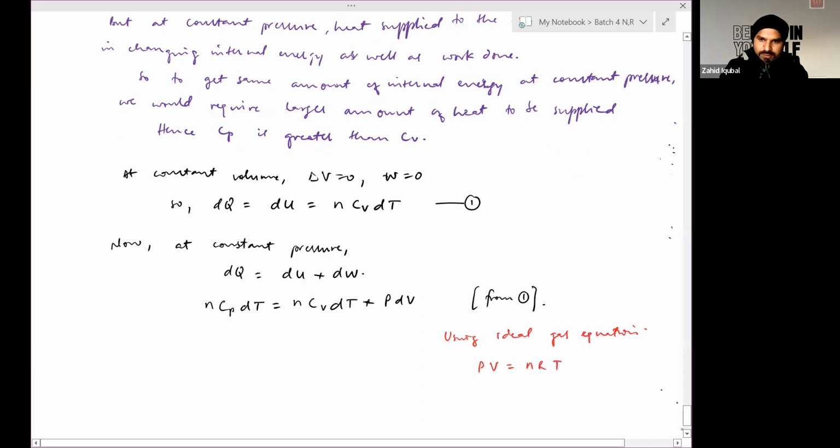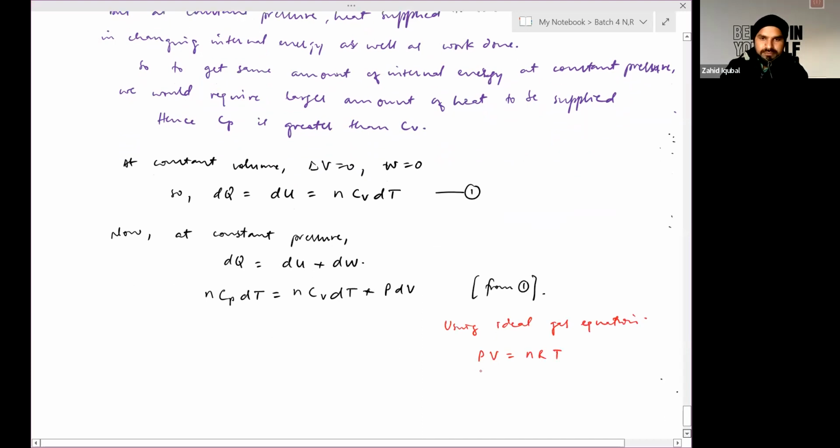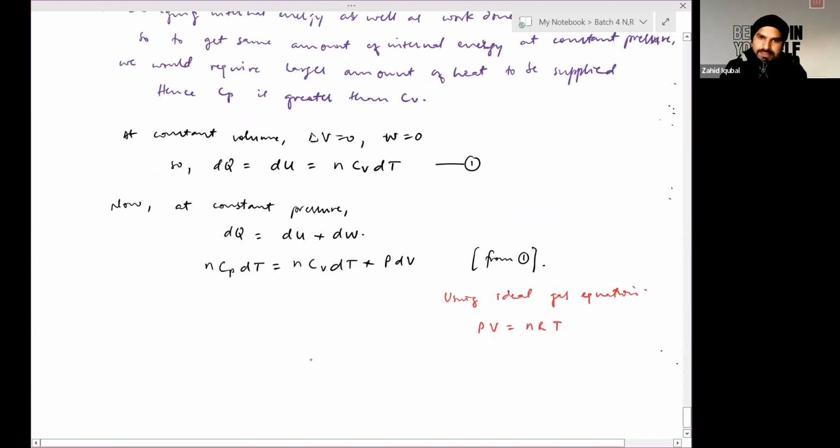Since in this part we have constant pressure, differentiate this entire term with respect to temperature.